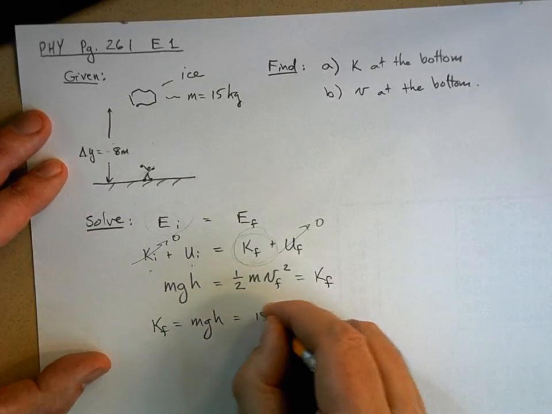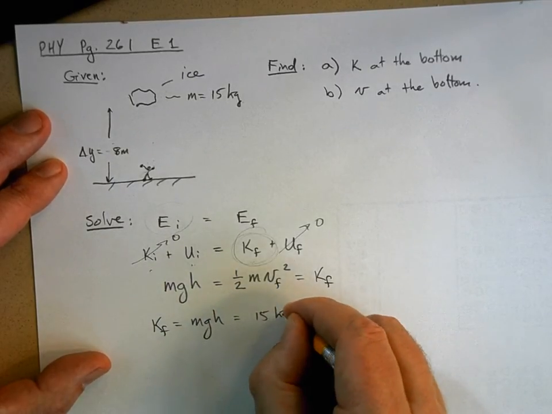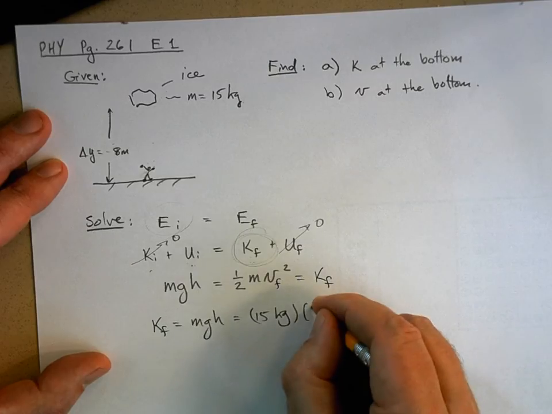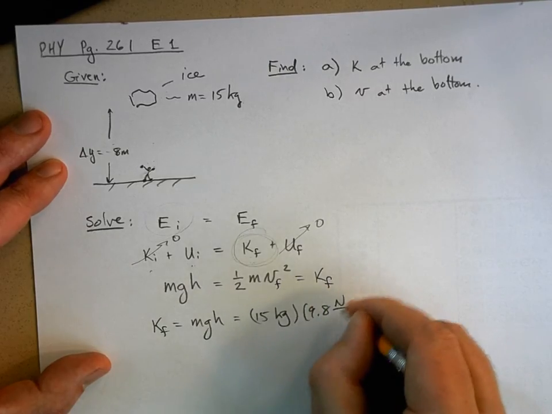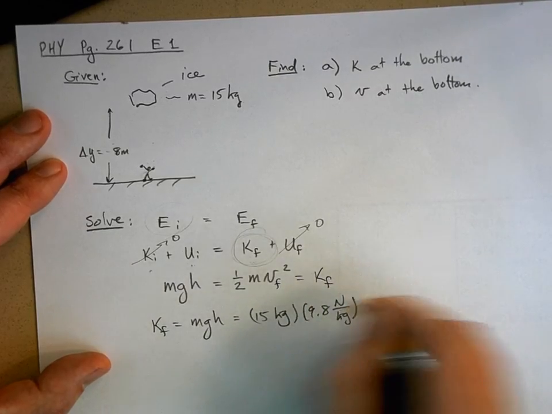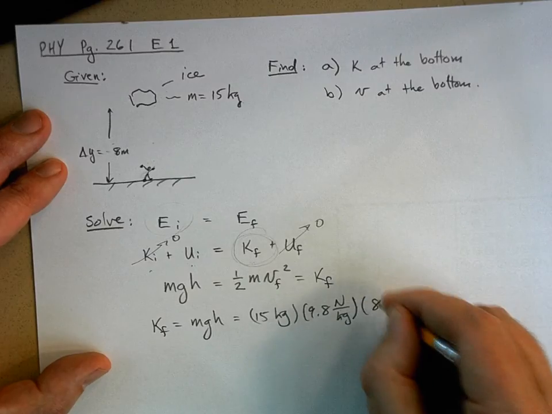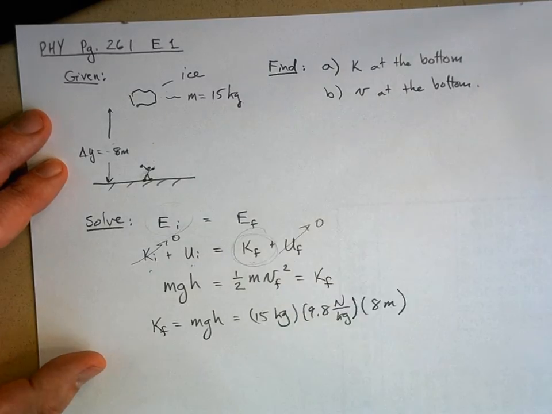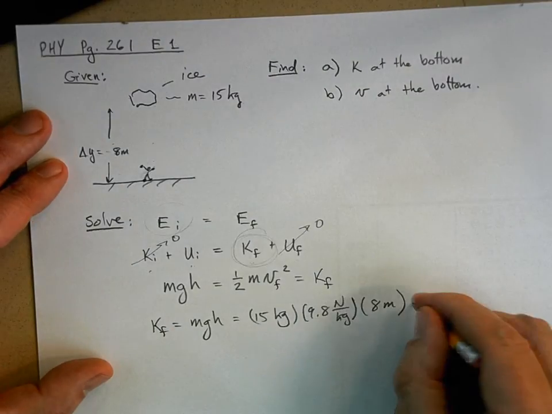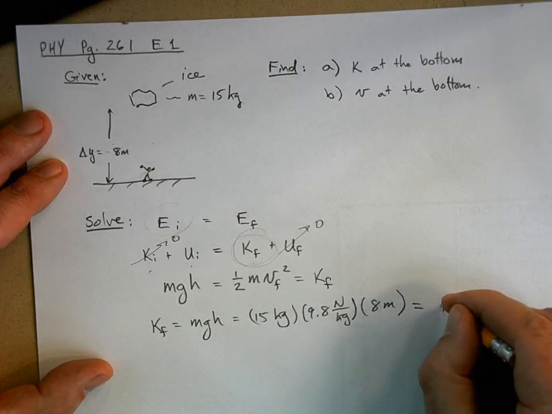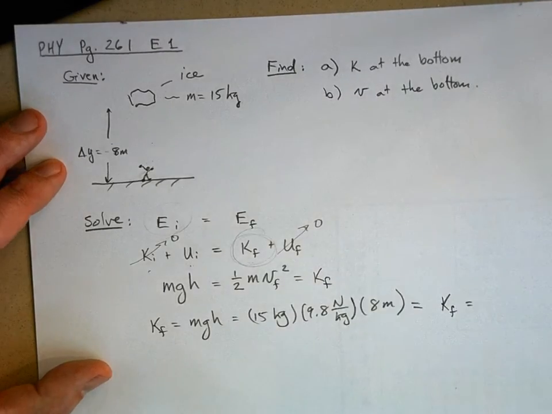And what is m? What is g? What is h? And now all we have to do is multiply all that out. So the final kinetic energy will be what?